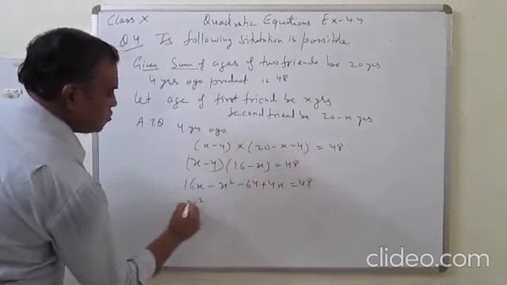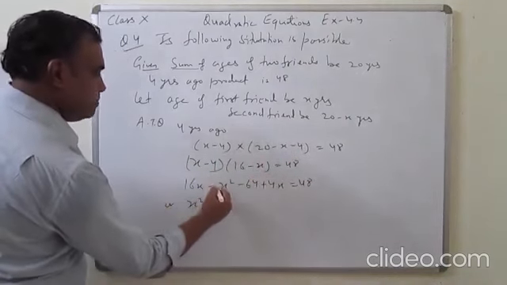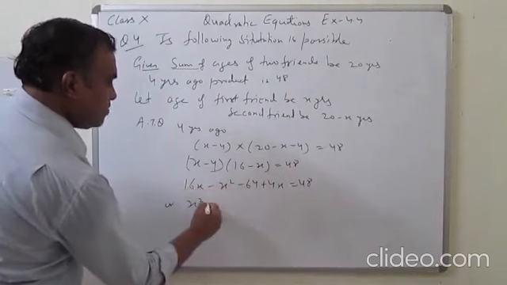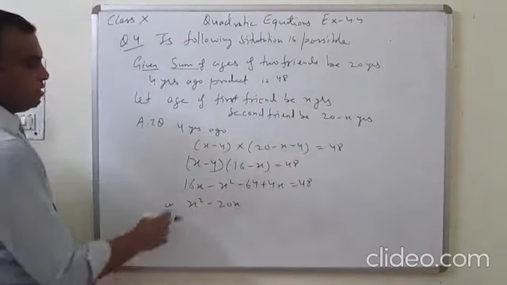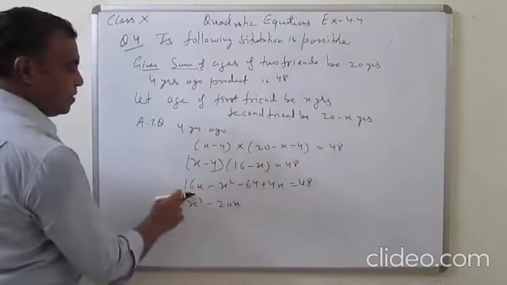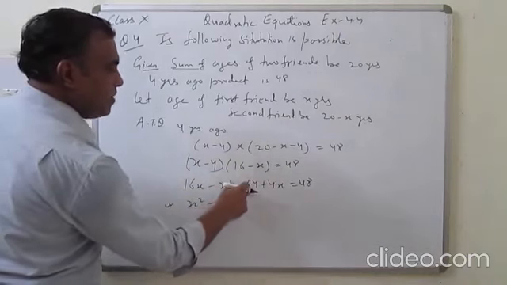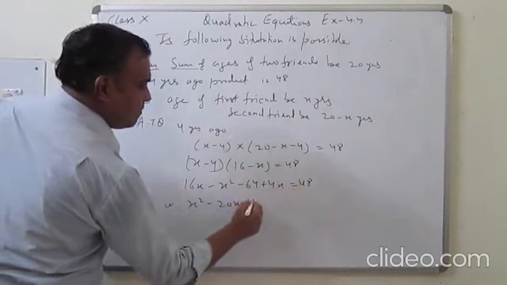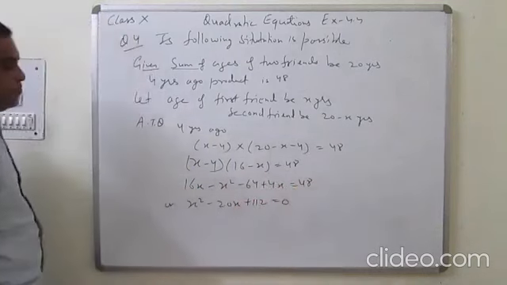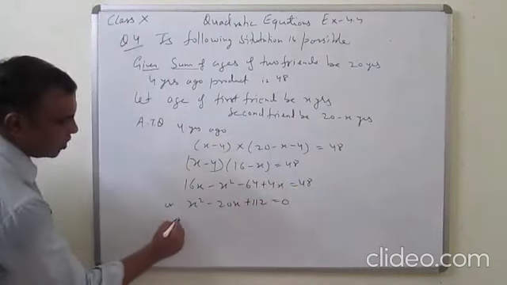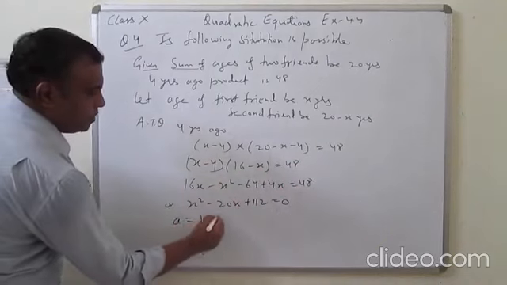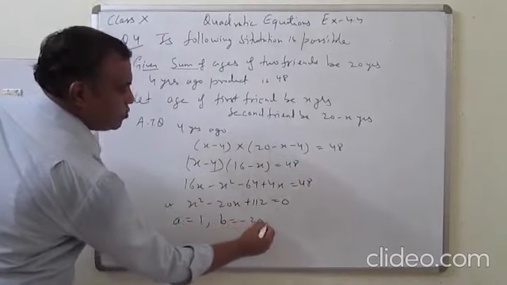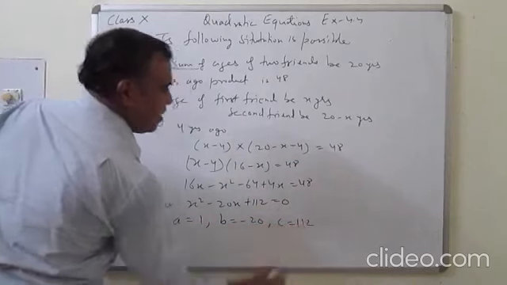So it is x square minus 20x plus 64 plus 48, that is 112, is equal to 0. Now here a is 1, b is minus 20 and c is 112.